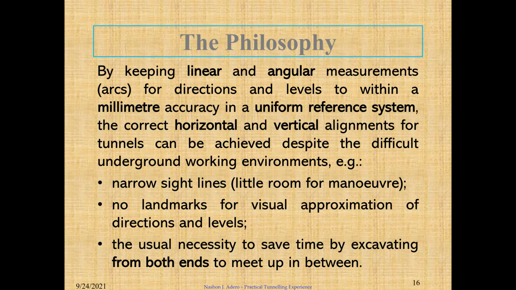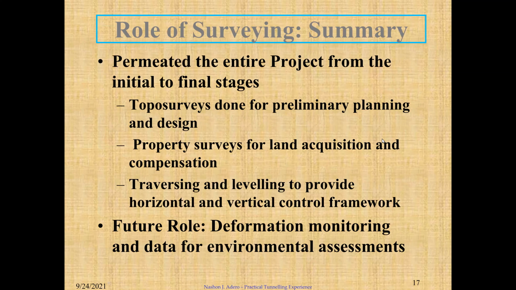For example, you have narrow sight lines with little room for maneuver. You have no landmarks for visual approximation, and you have to save time by excavating from both ends to meet up in between. A fundamental philosophy in tunneling works.